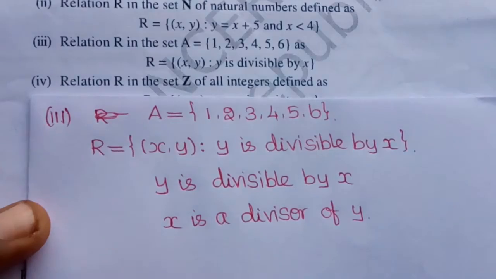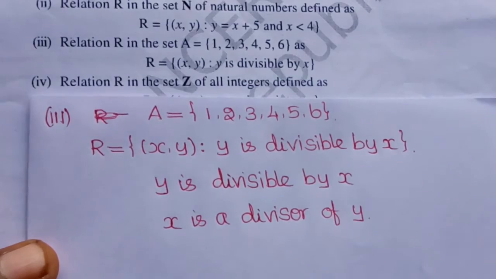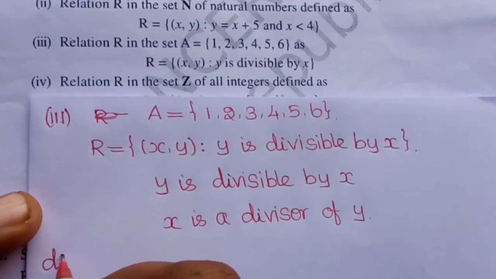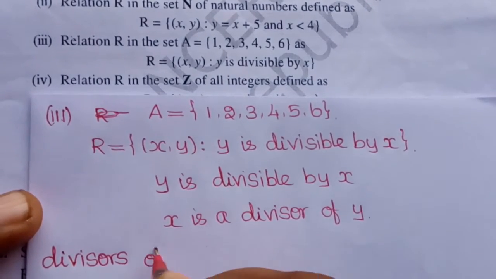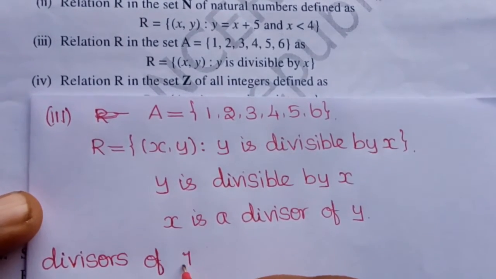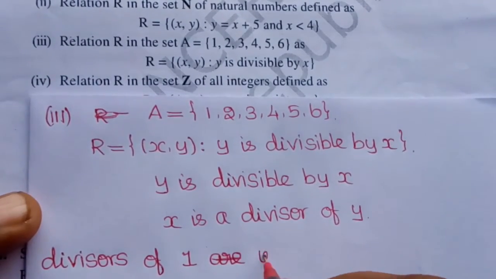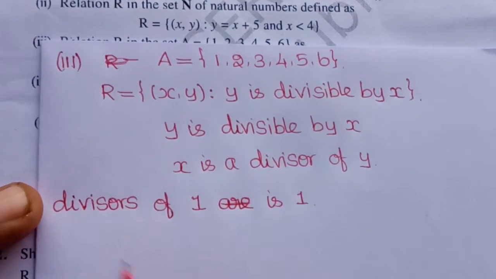Now we want to check the divisors. What are the divisors of number 1? The divisor of 1 is 1 only.